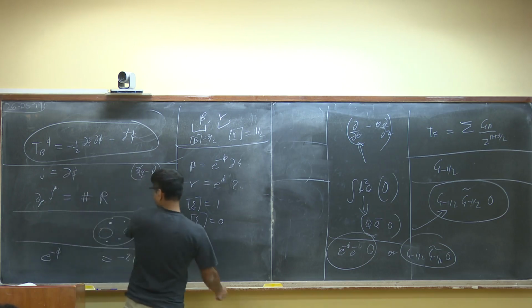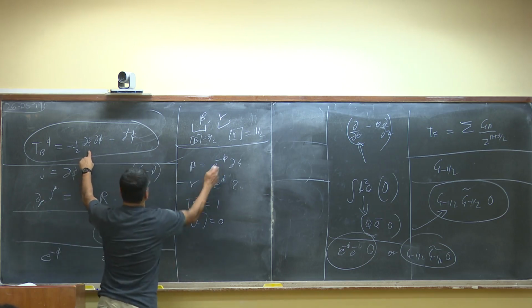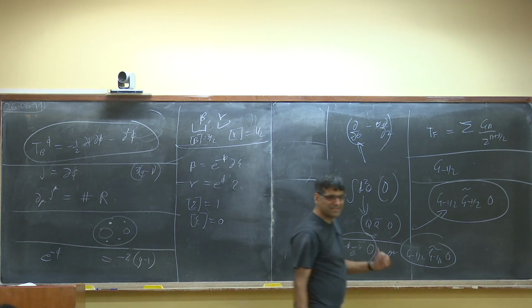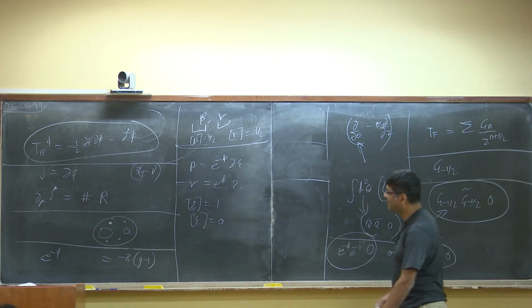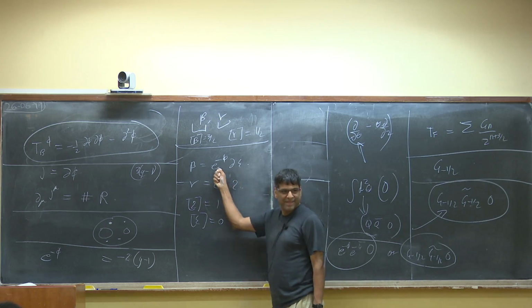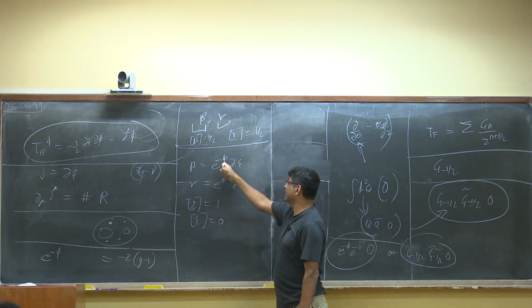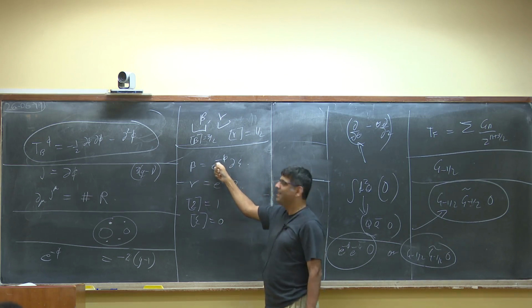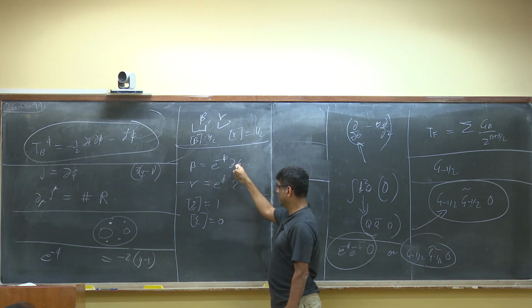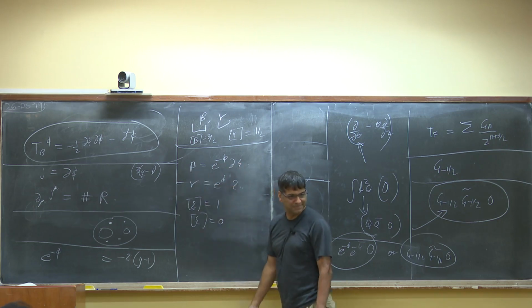We already have the formula on the board for the stress tensor of e to the power minus phi, so this gives you everything. Just as a quick check, the weight of beta is plus half, plus 1, so that's 3/2.